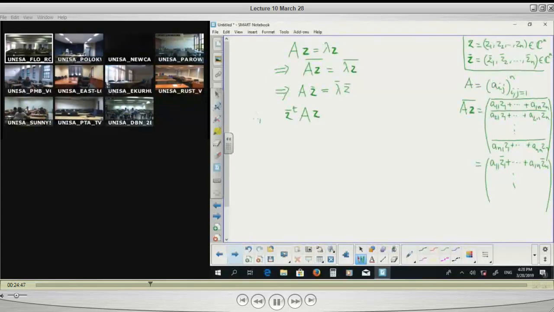So it's a complex number. Right? So now I know that this is Z bar transpose lambda Z. But then lambda comes out.